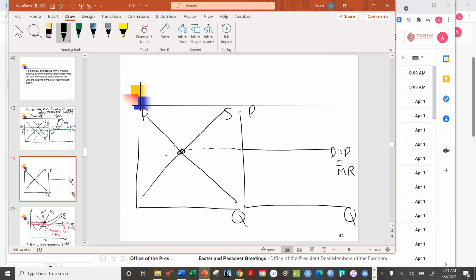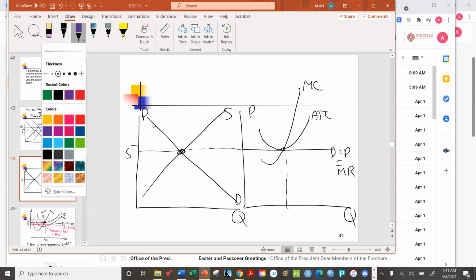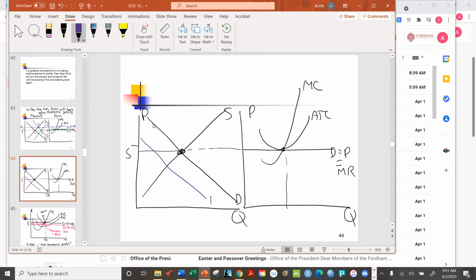Okay, so this is the original supply and demand curves. We started with a price of 5, where we're breaking even. And that's fine. But then all of a sudden, the demand for the product declines, and suddenly the price drops to $4, let's say.